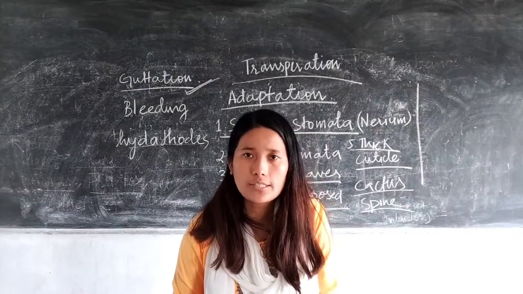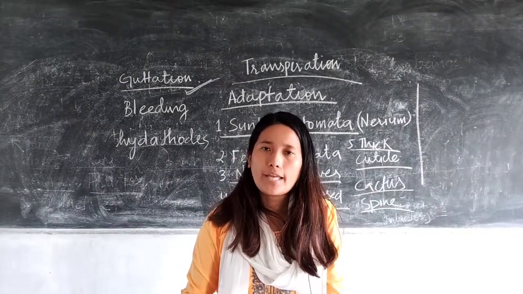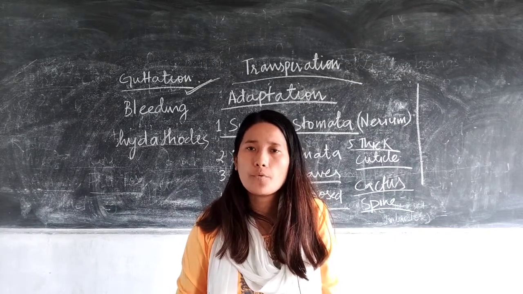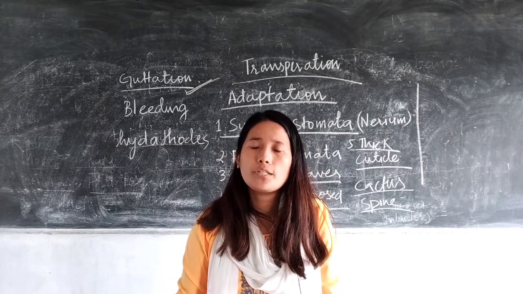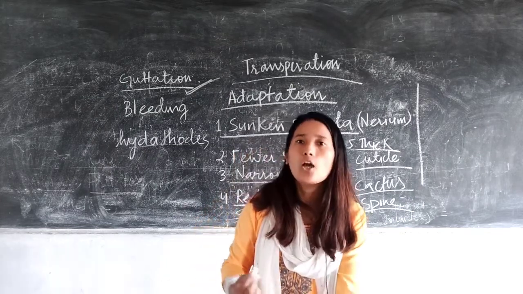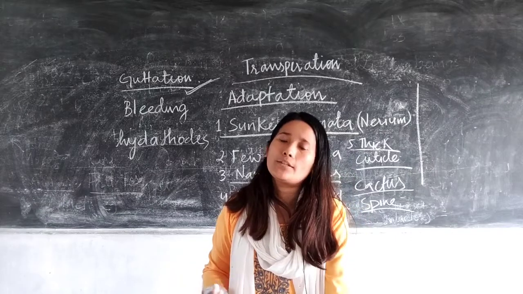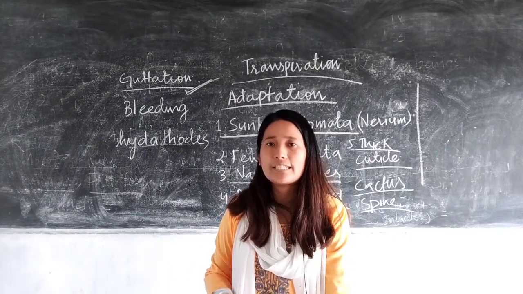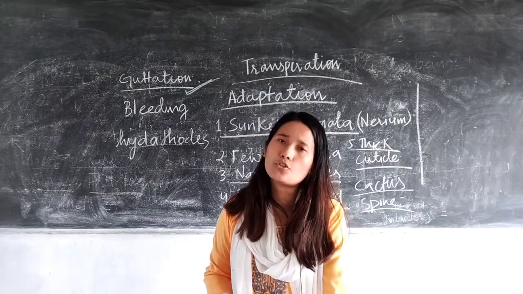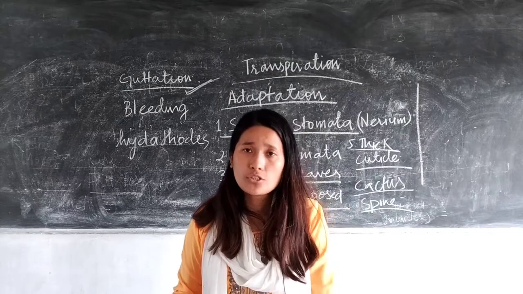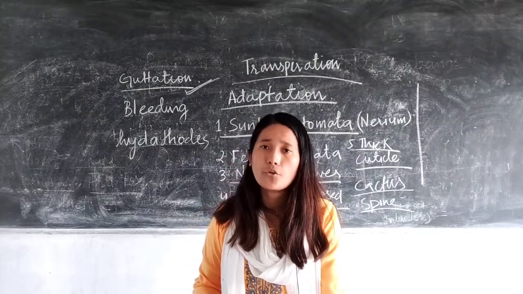What is guttation? In a humid atmosphere, for plants grown in a warm humid place, humid means the water contained in the atmosphere is already more. So in those regions, the rate of transpiration will decrease, because the atmosphere already contains more water than it can bear. But roots continuously absorb water from the soil.